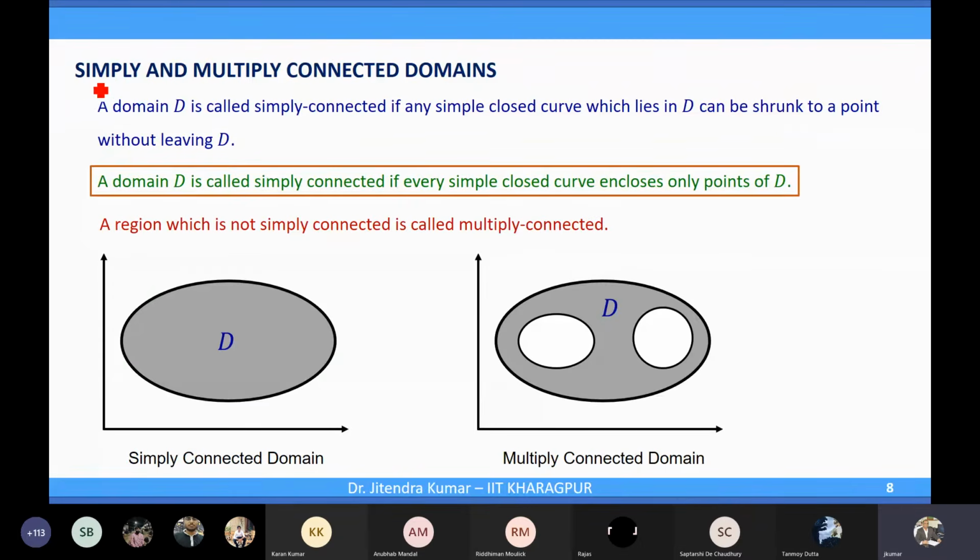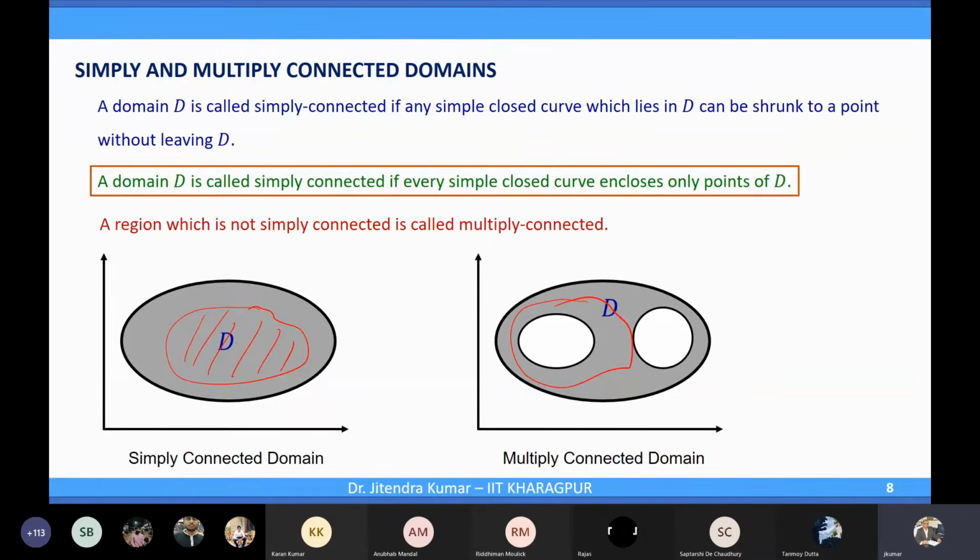We have also discussed the simply and multiply connected domain. A simply connected domain is one where every simple closed curve can be shrunk to a point without leaving the domain. Or another way I have mentioned here, a domain D is called simply connected if every simple closed curve encloses only points of D. So if you make a simple closed curve here, it will enclose the points of D itself.